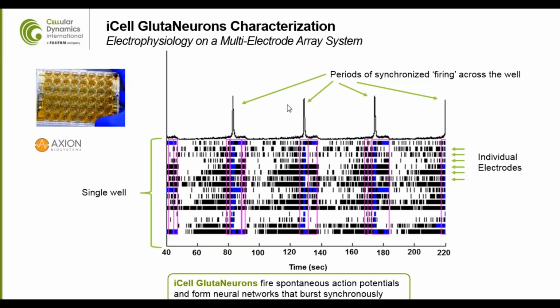These peaks up here then represent periods of synchronicity where all of the electrodes in the well are firing. That is to say, the message is being propagated all across that well in a synchronous fashion. And this synchrony is really what's thought to represent a well-coordinated electrical activity output that then can be interrogated with a variety of compounds.